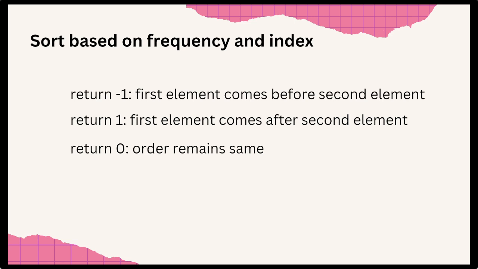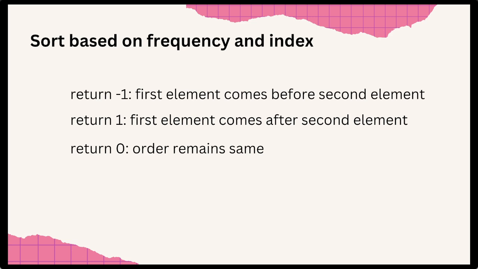If I've written a condition such that it returns -1, then the first element comes before the second element, which means the first element is less than the second element. If it returns +1, the first element comes after the second element, which means the first element is greater than the second element. If my condition returns 0, then the order remains the same. N1 and N2 remain the same. I hope that is understandable.